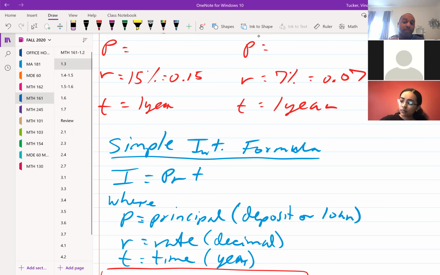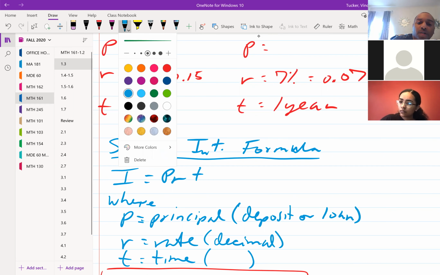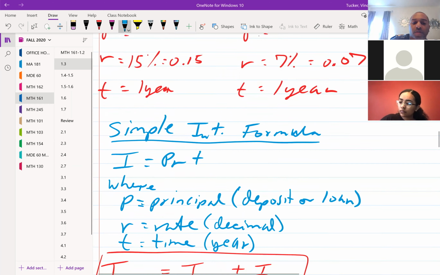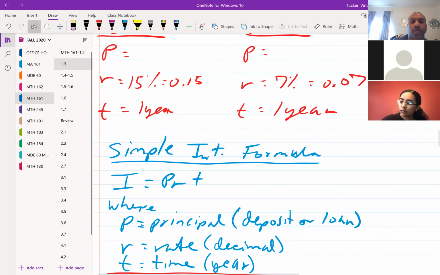Principal is always going to be the deposit or loan. Rate is your annual percentage rate. Convert that to a decimal. And your time is always going to be in years unless stated otherwise, so you always want to convert it to years. All right, so that's where the PRT came from in the red.